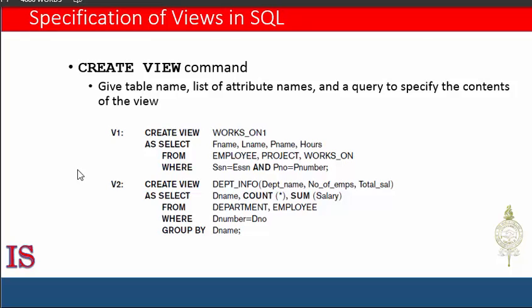SSN would be the employee social security number in the employee table, and ESSN would be the employee social security number in the work zone table.